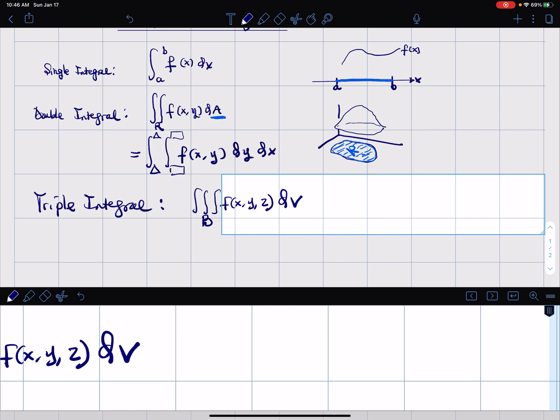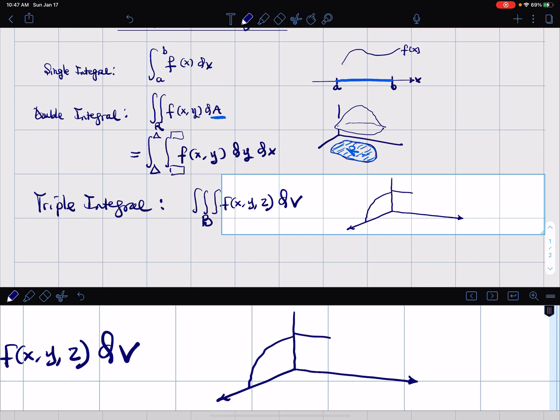Now in a triple integral, the region of integration is interesting because it becomes a region like this. Maybe a region like this, this might be your B. It can be any other shape.